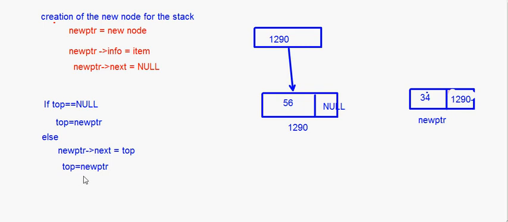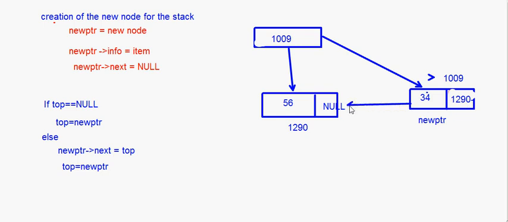And then I say top is equal to new PTR. So what is the new PTR? Let's say the address of new PTR is 1009. Now when I say top is equal to new PTR, this becomes 1009. So now you see the links have been redefined. 1009 means it is pointing to this, and here the next pointer is 1290.